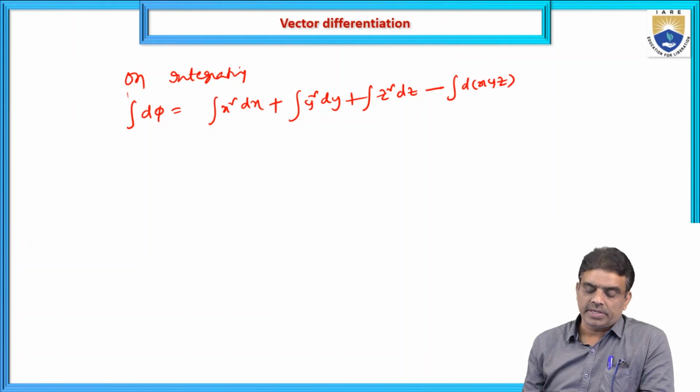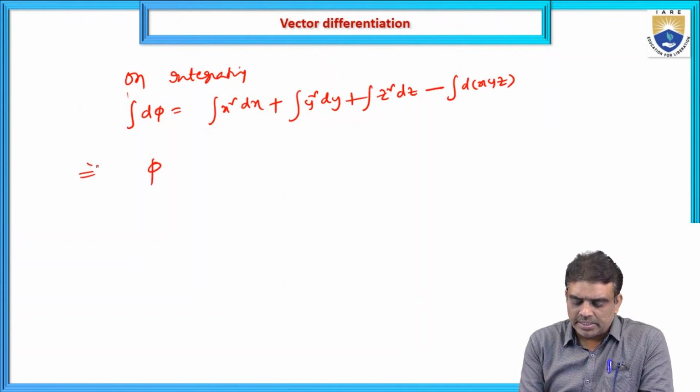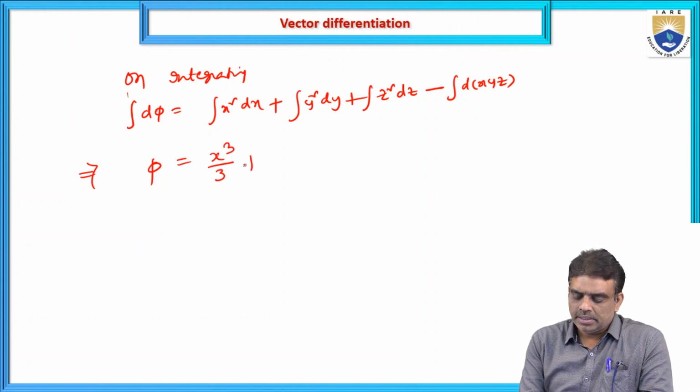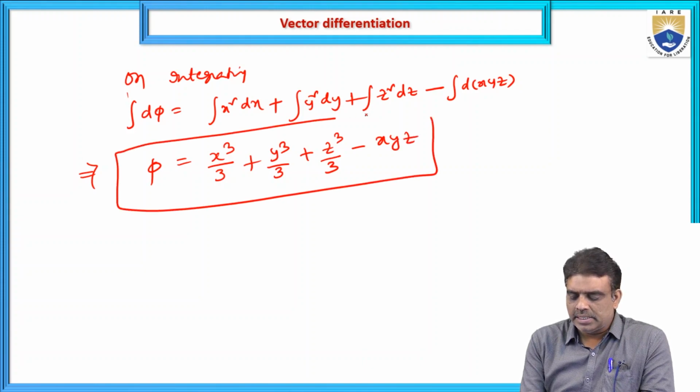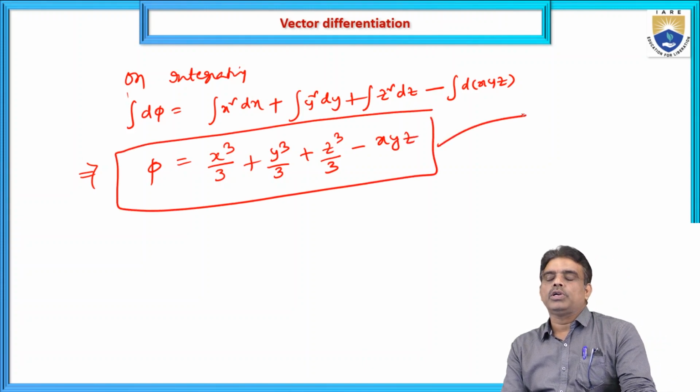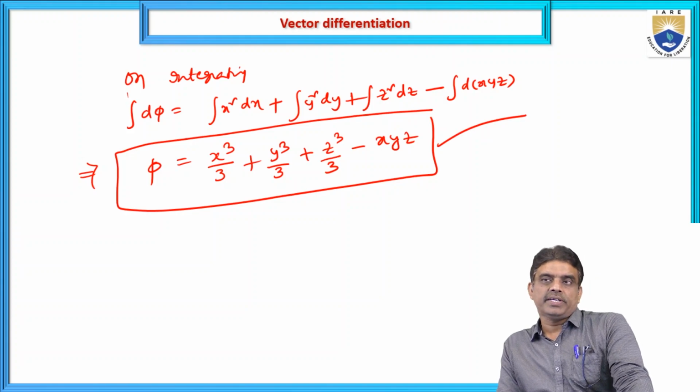What is the value? φ is equal to: x square dx integrates to x cube by 3, y square dy to y cube by 3, plus z square dz to z cube by 3, minus xyz.